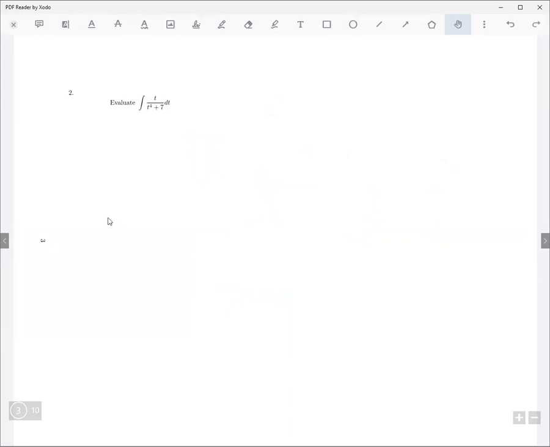How do you think we should tackle this one? I'll let you guys think about it for a few seconds and see if you can come up with an idea, any suggestion. Would it be partial fractions?